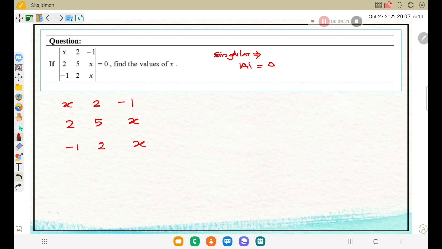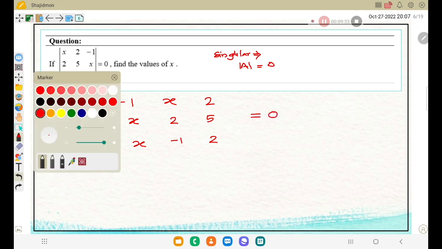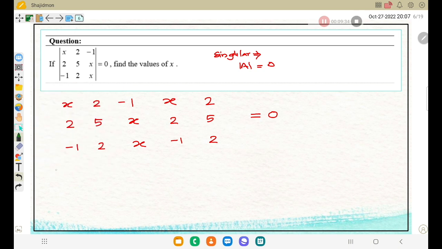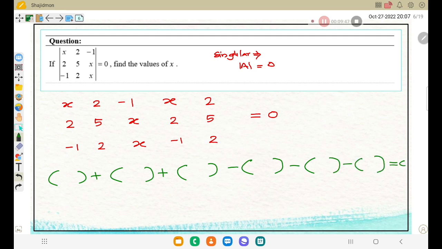Now first column and second column we are repeating. x, 2, minus 1, 2, 5 and 2. First and second column we are repeating, equal to 0, correct? Now we are starting the simplification. First 3 bracket we are writing plus, then another 3 bracket we are minus, equal to 0, correct?